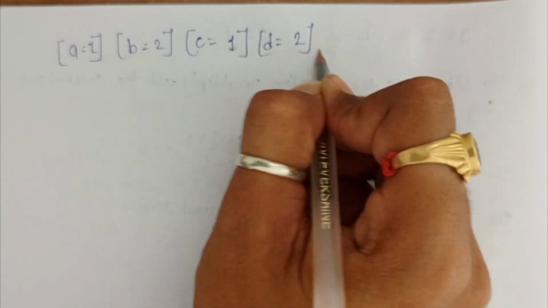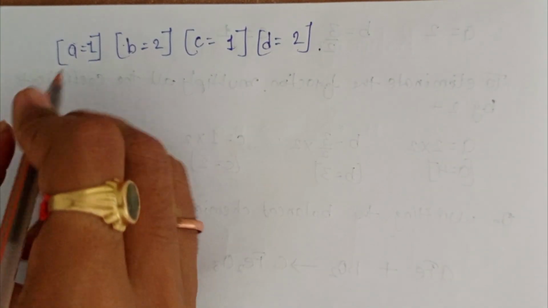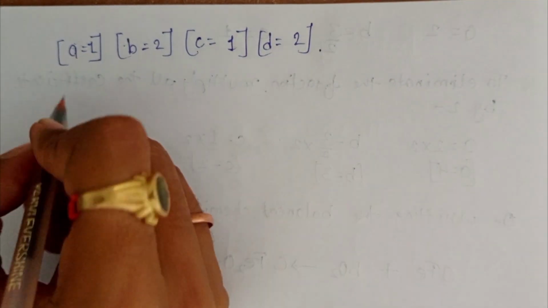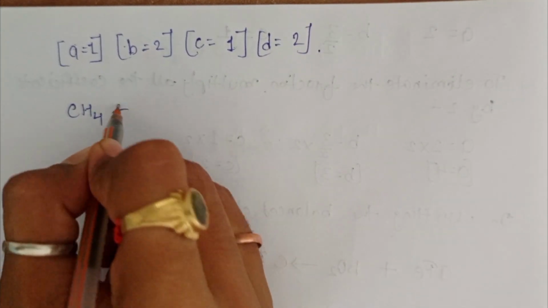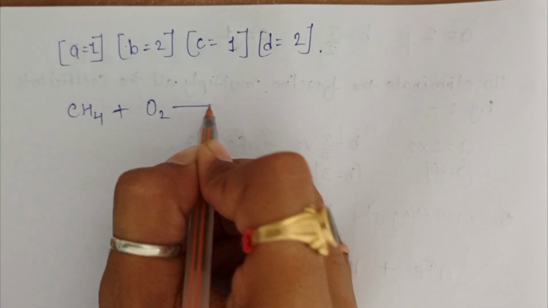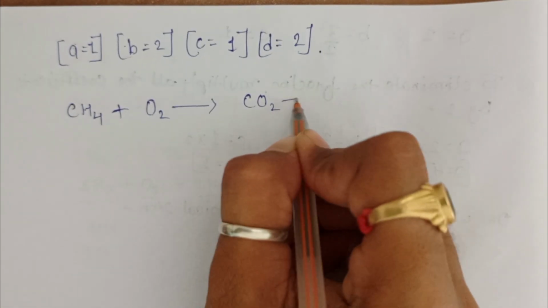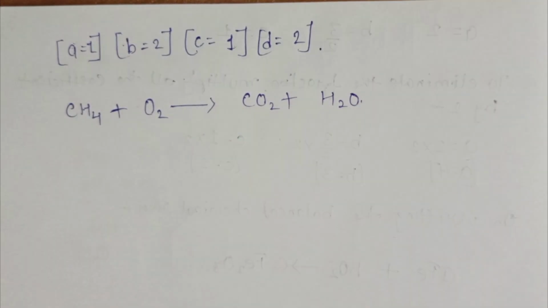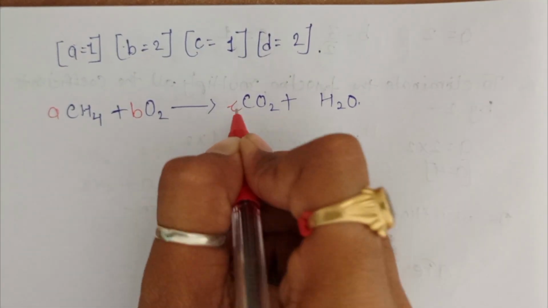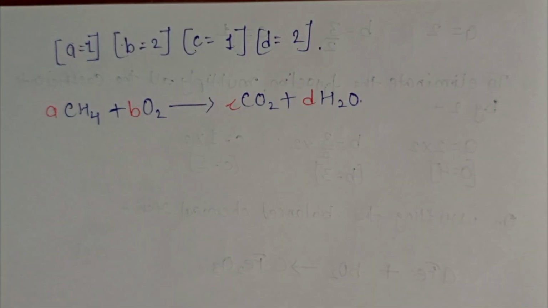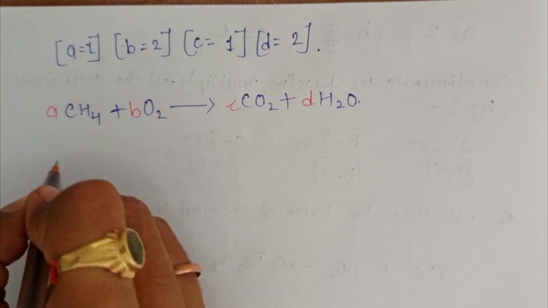We have all the coefficients. Then the unbalanced equation was this. And we assign the coefficients A, B, C, D, and on putting the values of these coefficients in the equation, we will get the balanced equation.